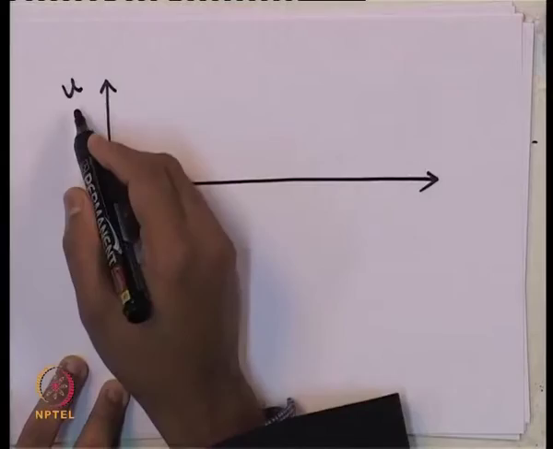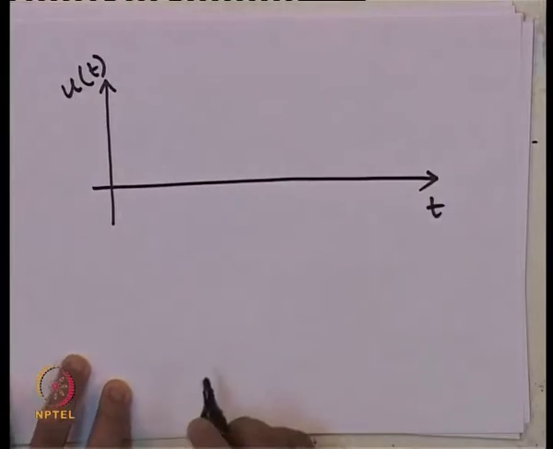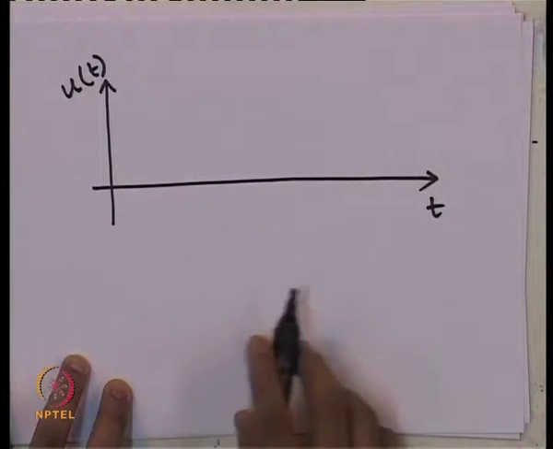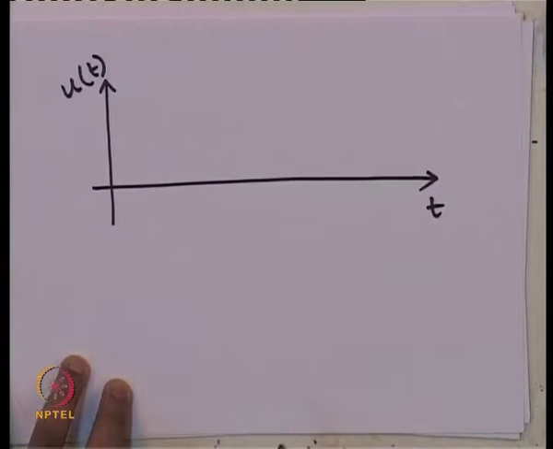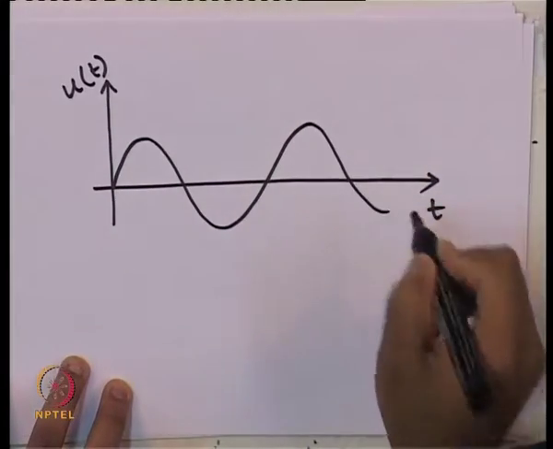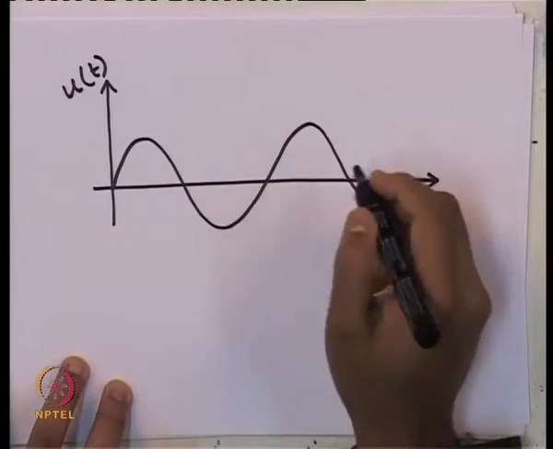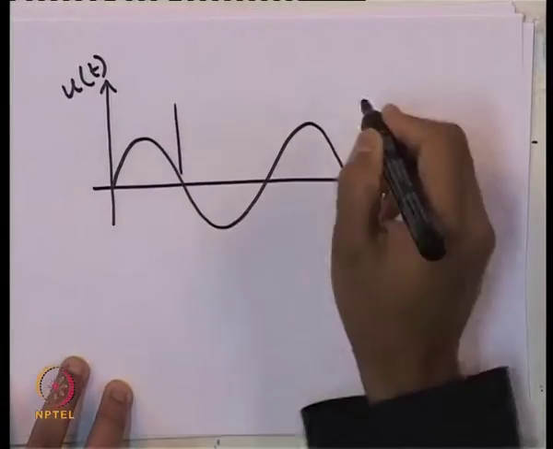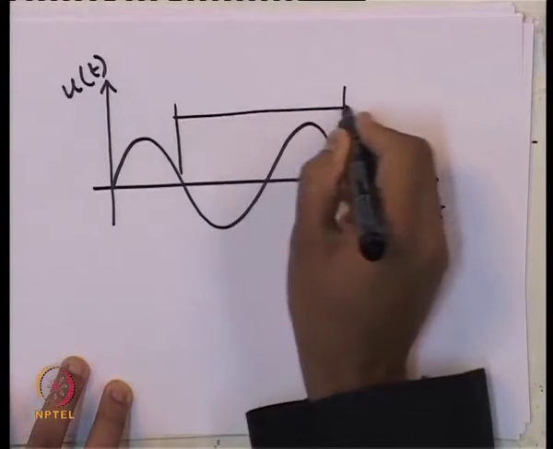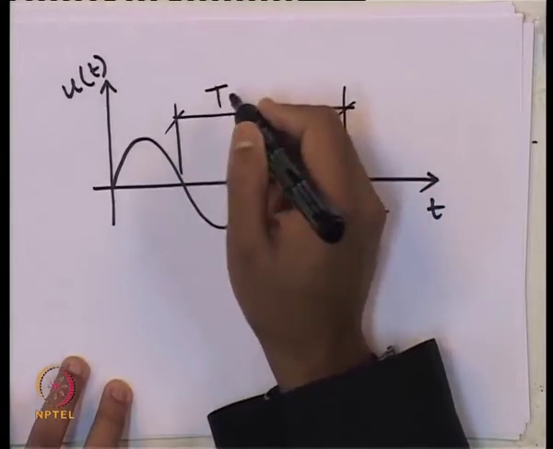When the displacement function u of t we are plotting with respect to the variation in time, let us say this was like this, some variation. In that case, what was our time period? If it is an undamped free vibration, this was our natural time period.